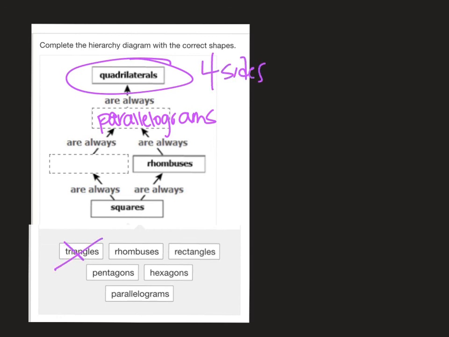So we can eliminate triangles, hexagons, and pentagons. So these are only our choices. We also see rhombus right there, so we know that's not what we're going to use. And then we just use parallelograms. So we know that rectangles has to go in this spot right here. And again, if we learn that flow chart, that'll make it a whole lot easier.